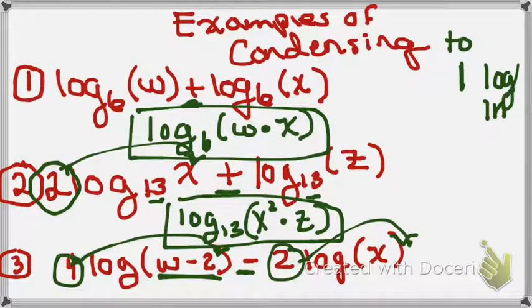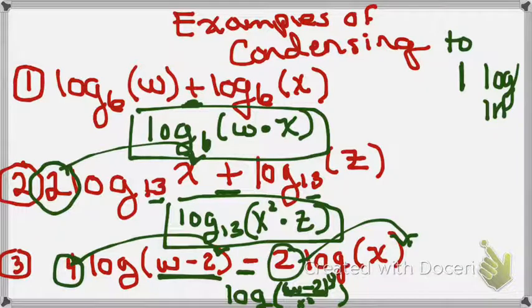Let's be very careful how we do this. Log of (w minus 2), I'm going to put that in parentheses, all raised to the 4th power over x squared. I ran out of space, so you're just going to have to listen to my voice to make sure you understand.